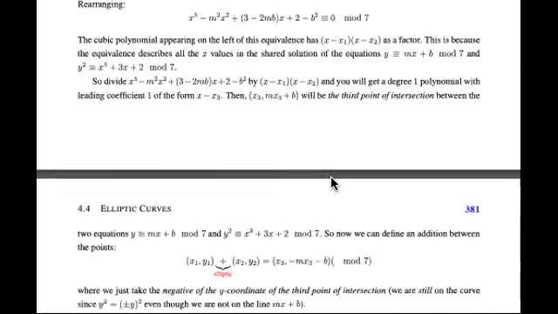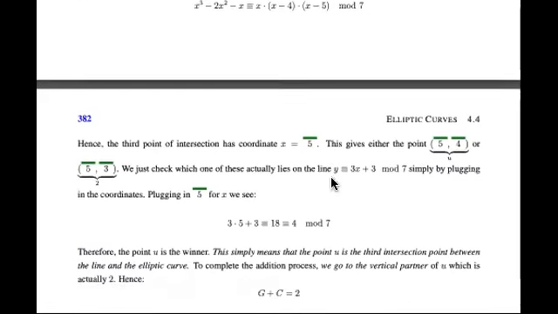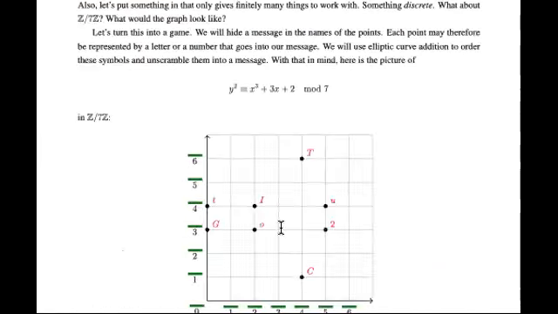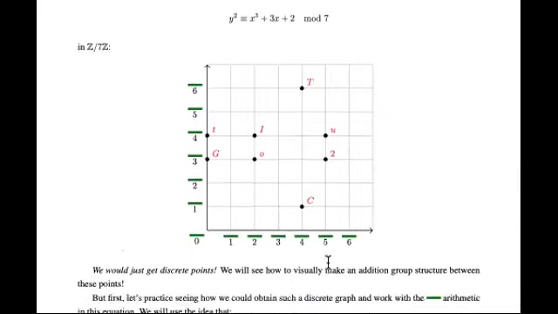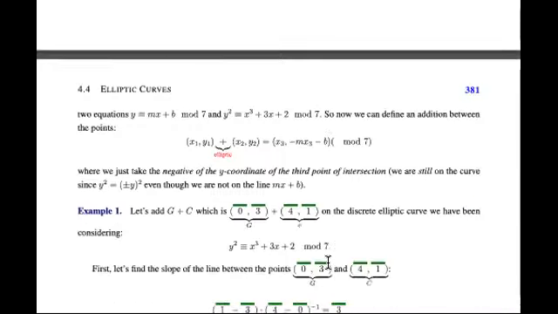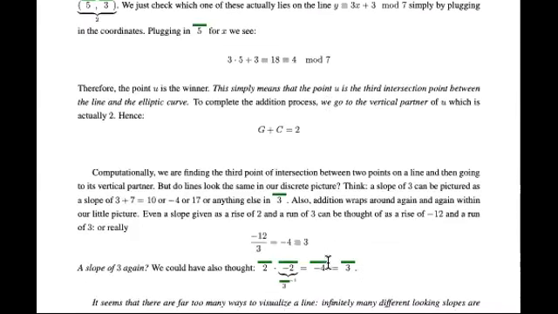Hence, we just computationally showed that these 2 points added together, G, which is 0, 3, and C, which is 4, 1, give us 2. So we actually have a nice, well-defined addition process, even in the modular arithmetic case.